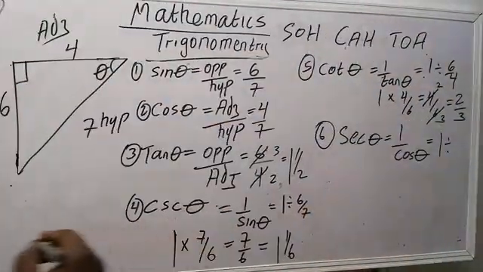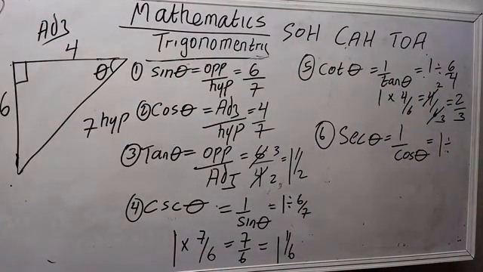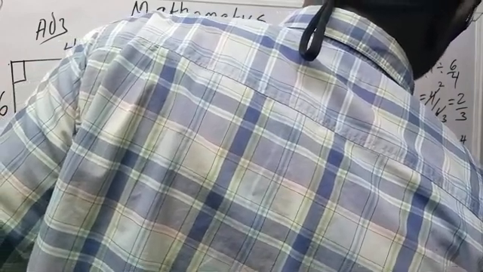That is 1 divided by your adjacent, 4 over 7. That is 1 times 7 over 4, which is 1 and 3 over 4.